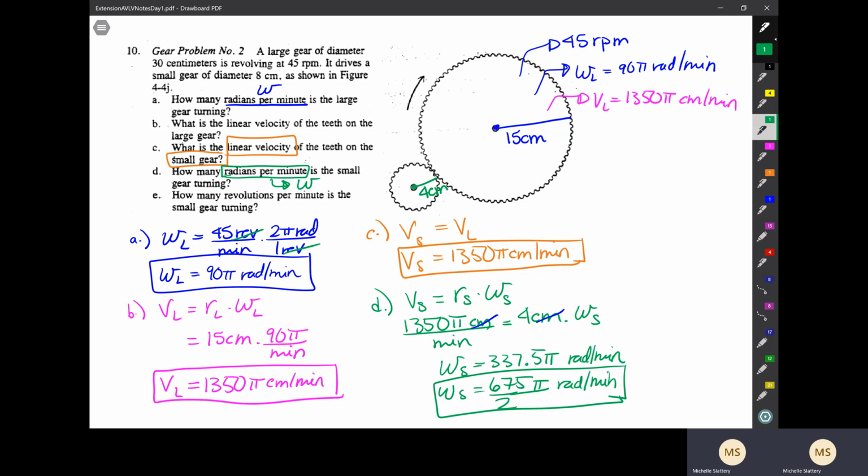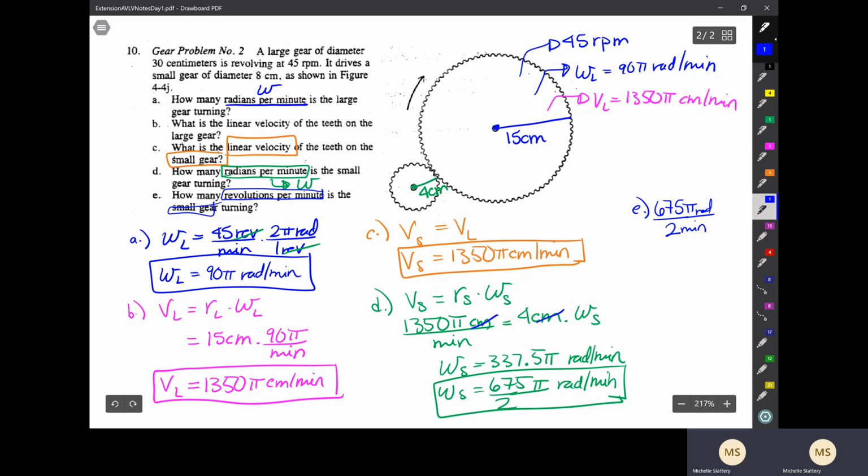All right, and then the last part. One more part here. How many revolutions per minute is the small gear turning? This isn't angular or linear, we just want RPM now. I know the angular velocity, 675 pi over 2 radians per minute, so a radian per 2 minutes.